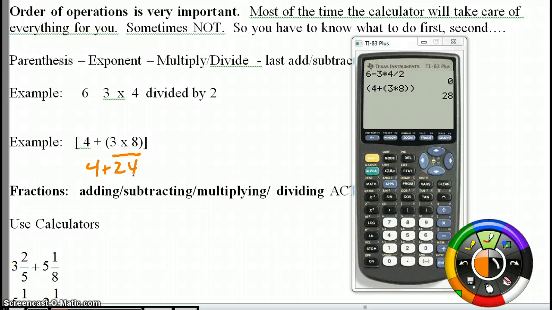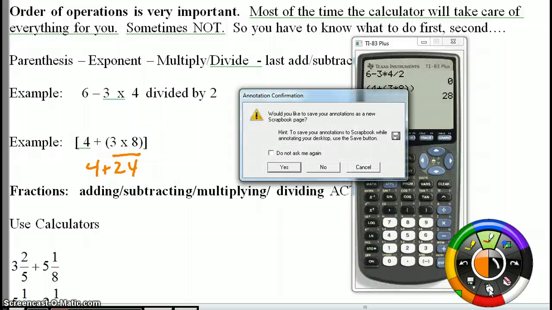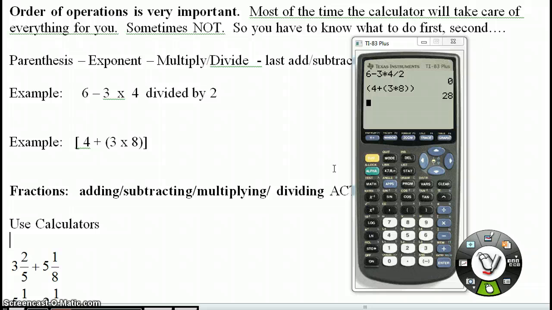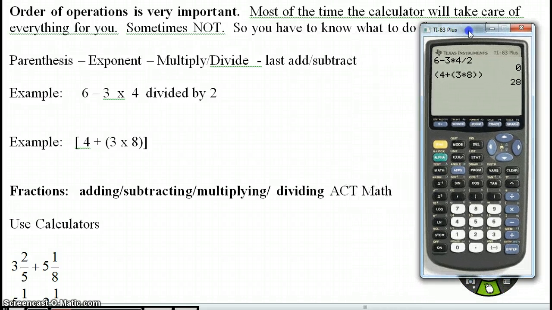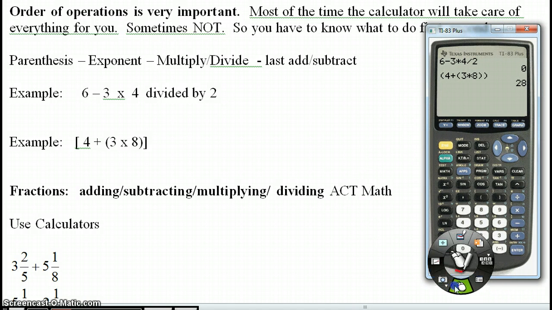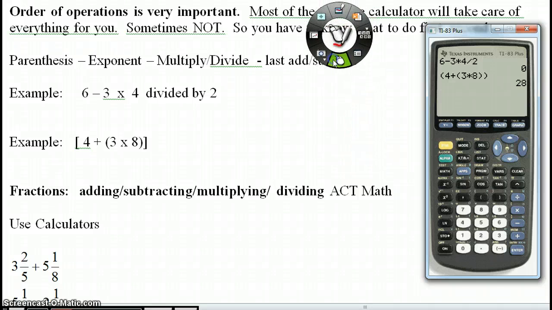I just want you to get a little bit comfortable with the calculator, and on the ACT you will be allowed the calculator, and most of you will have these graphing calculators that you can use. Last semester we did a lot with learning how to do addition, subtraction, and multiplying of fractions without the calculator.